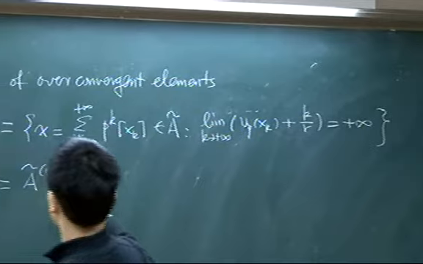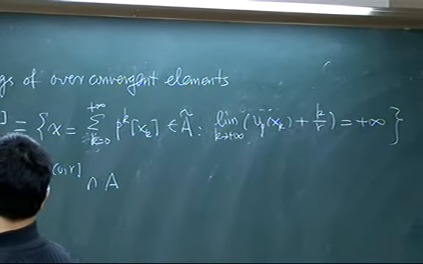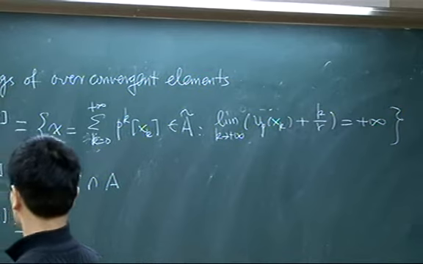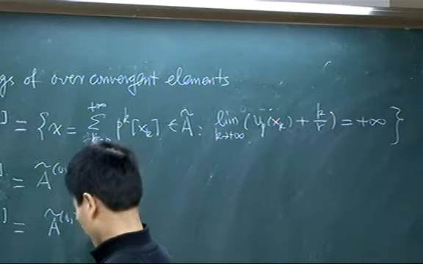So we have A0R first. It's just this intersect A. So you have AK 0R.